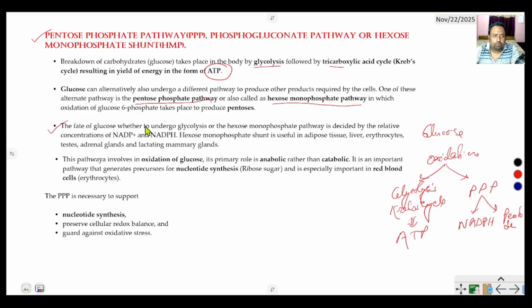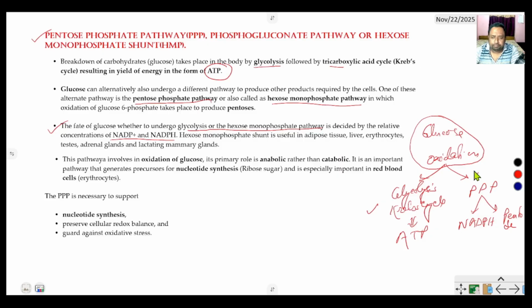The fate of glucose, whether it undergoes glycolysis or the hexose monophosphate pathway, is decided by the relative concentration of NADP plus and NADPH. So glucose enters either glycolysis or PPP, the pentose phosphate pathway.